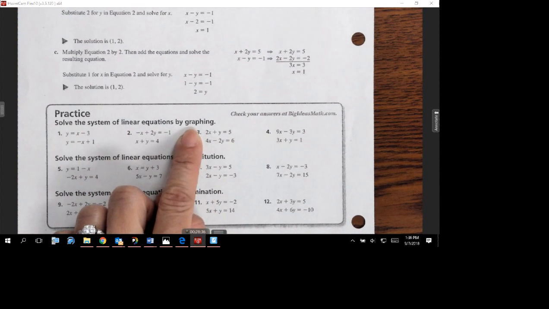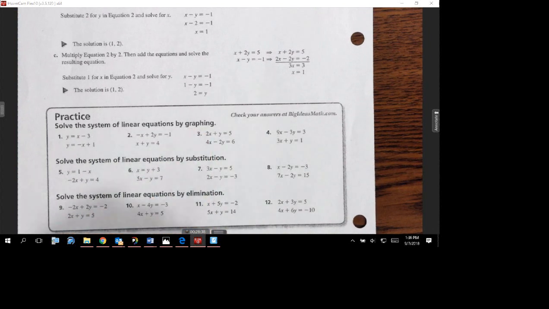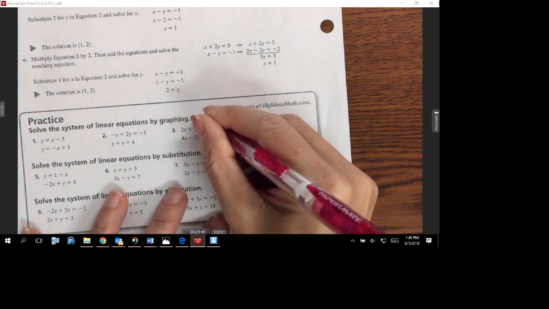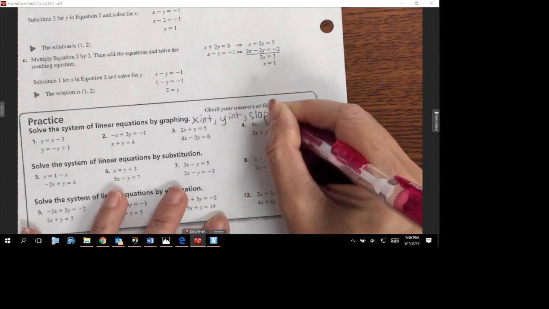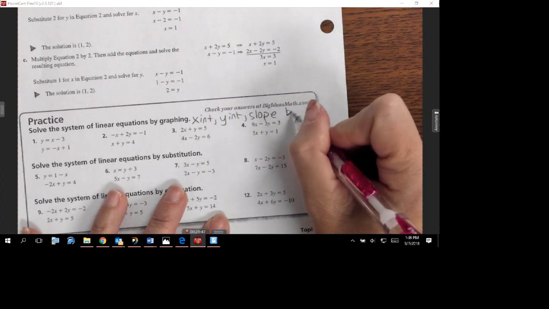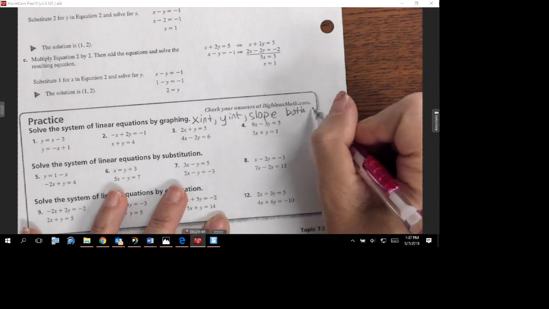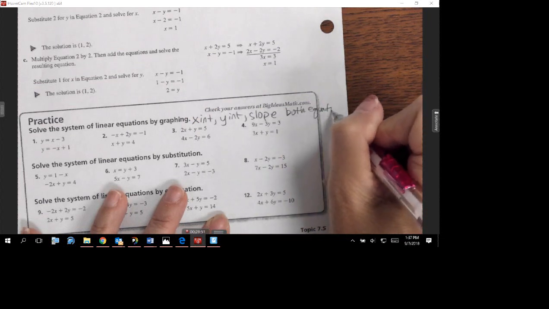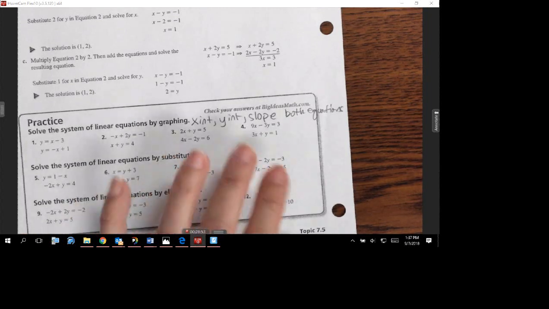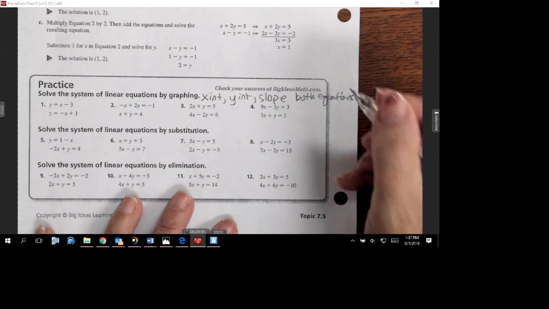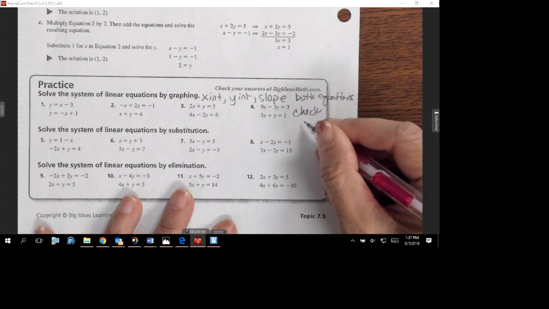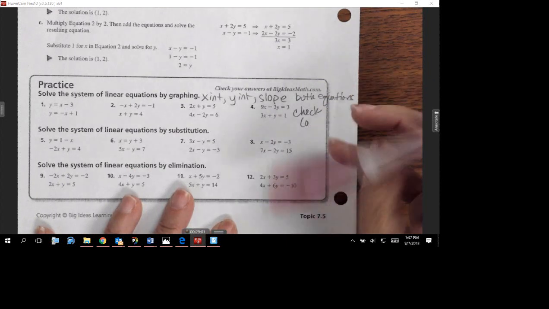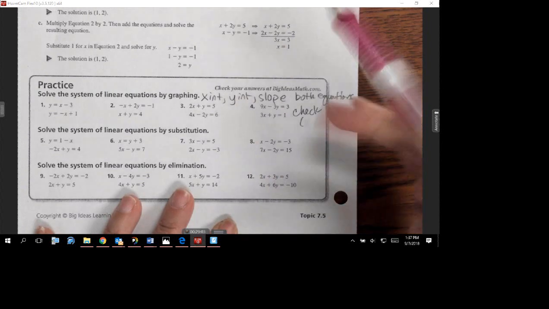So I want you to label your x-intercept, your y-intercept, your slope for both equations, just like we did it in class. And I want you to graph both equations, and then you have to check the ordered pair in both equations.